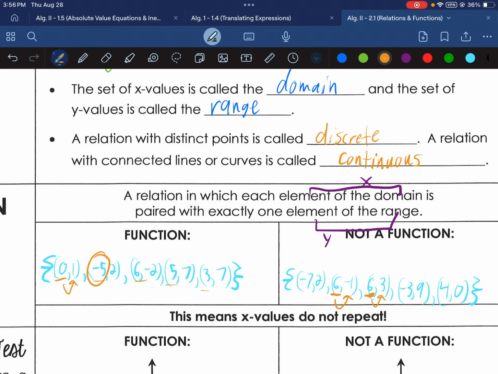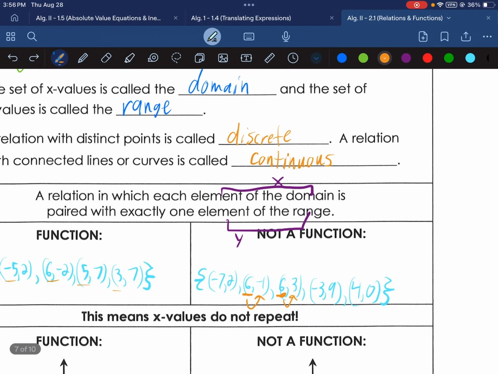I push whatever button -5 would be on the vending machine, and I get a Twix bar. I push 6 on the vending machine, and over here it pops out a Snickers, and so on and so forth. And so here at the end, we notice both 5 and 3. We push the button for 5, and we notice, oh, Skittles pops out. We push 3, and Skittles pops out again.